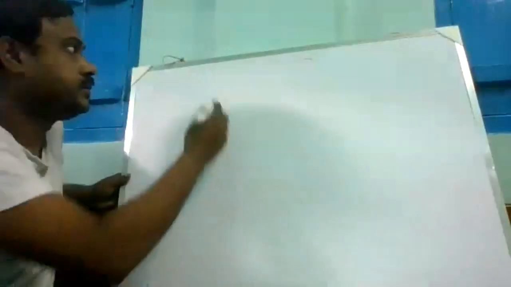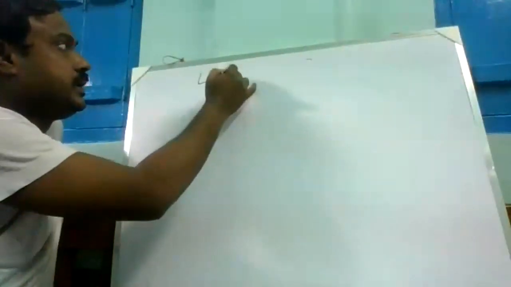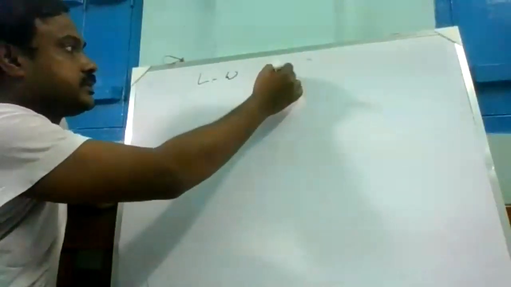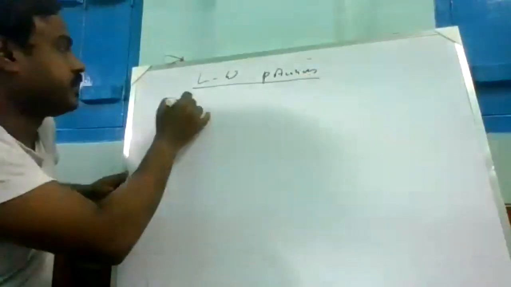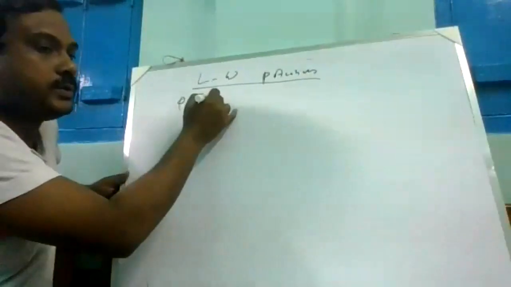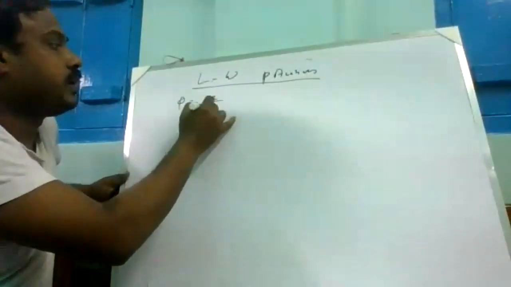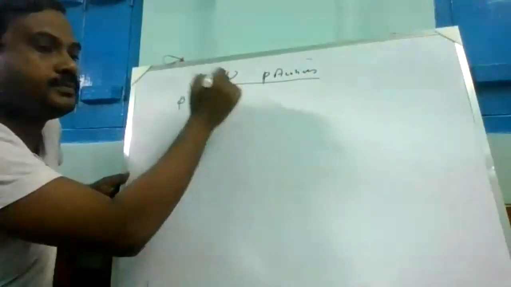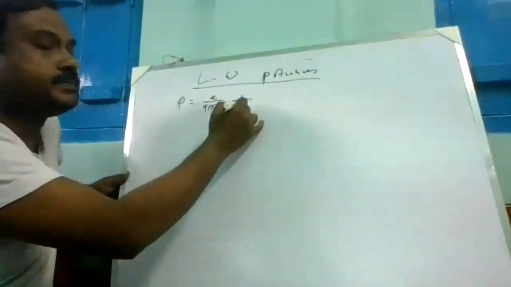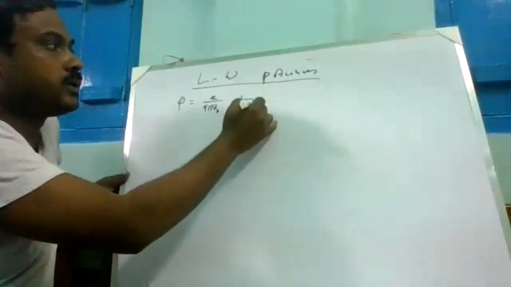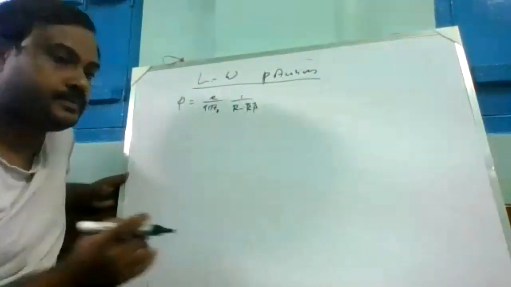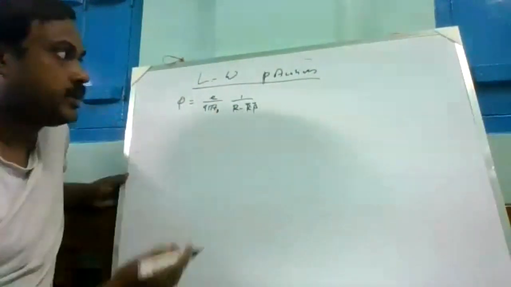We had the Lienard-Wiechert potential of this form: phi equals e by 4 pi epsilon 0, 1 by (R minus R dot beta). That was the expression.